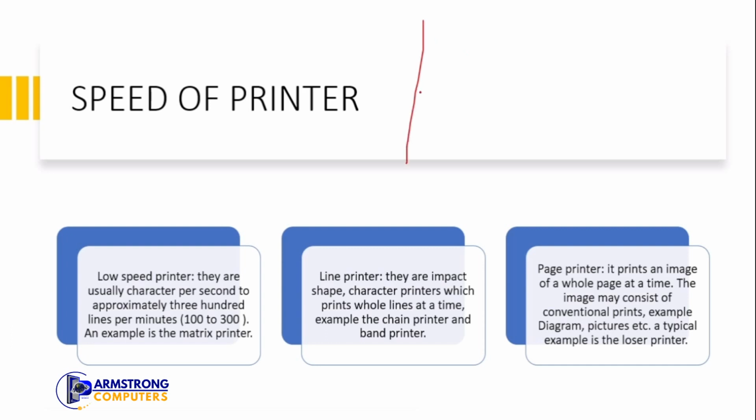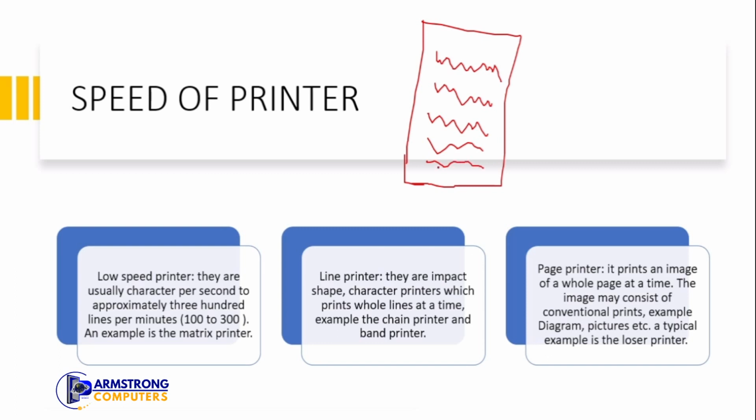Now let me explain something for you to understand. For instance, this is my A4 sheet, and I've typed something like the boy is going to school. So let's say the lines are just whatever I've typed here. From here to here, let's say, is the 100 to 300 lines.